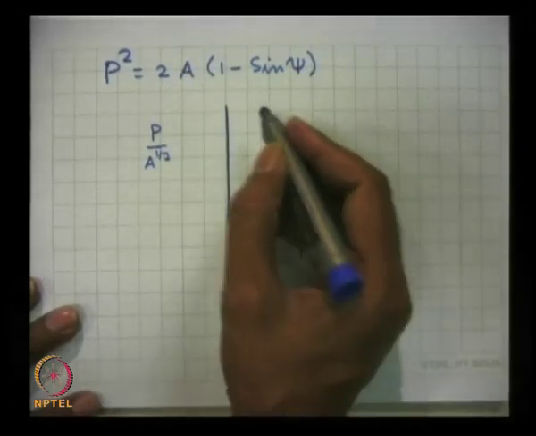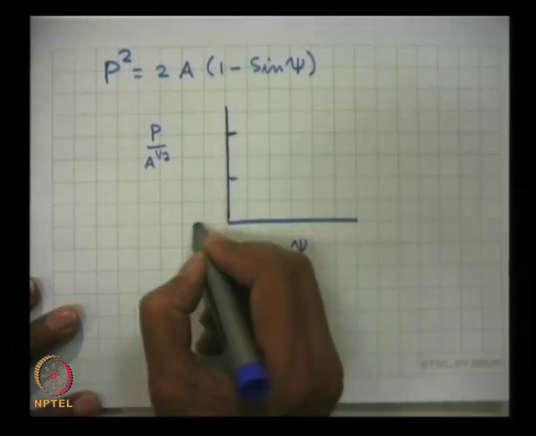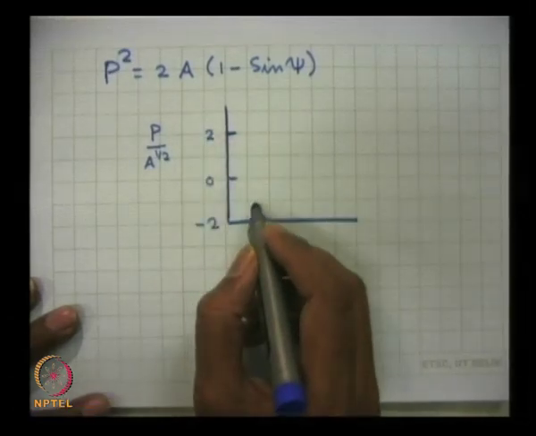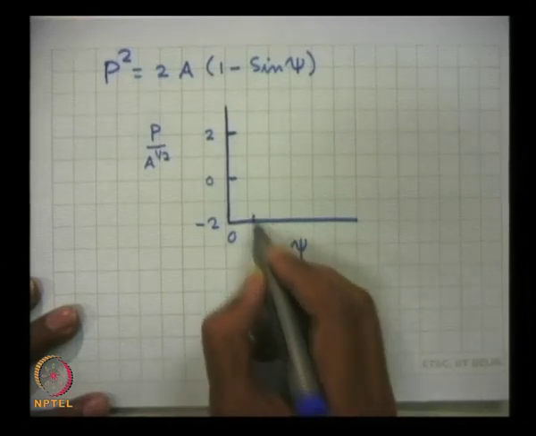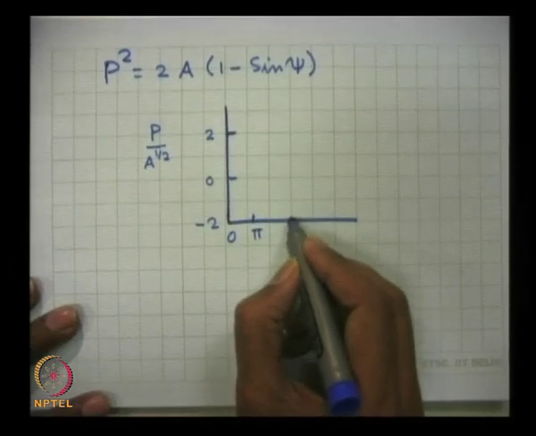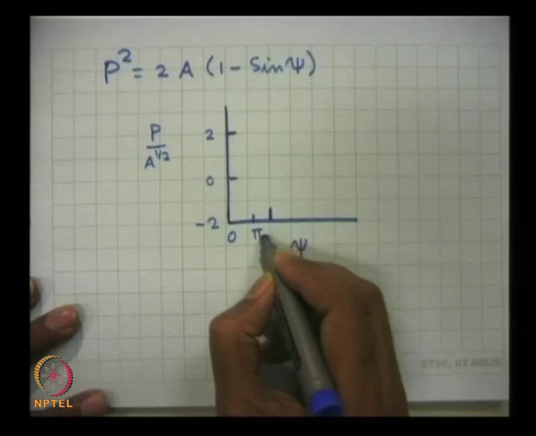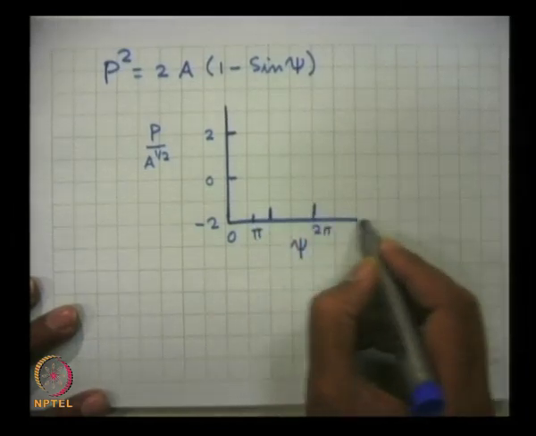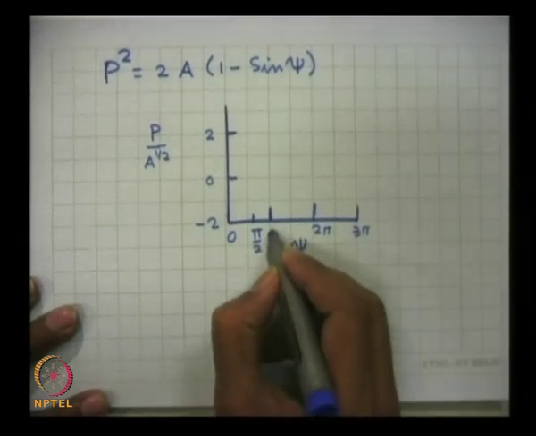So, I put a 2 here, this is 0 and this is minus 2, and this is my phase, 0 here. Let me put pi here, then 2 pi is there, 3 pi is there, this is pi by 2 and pi is there.